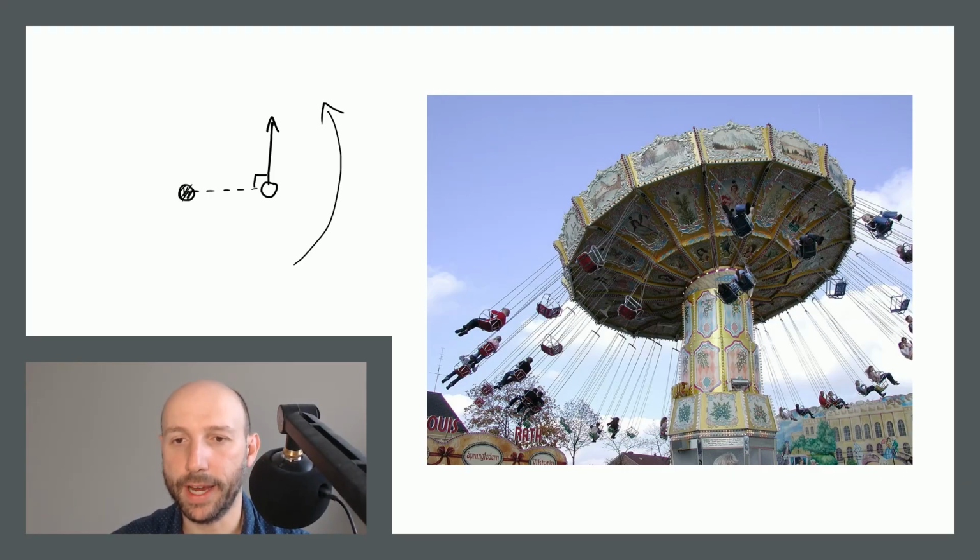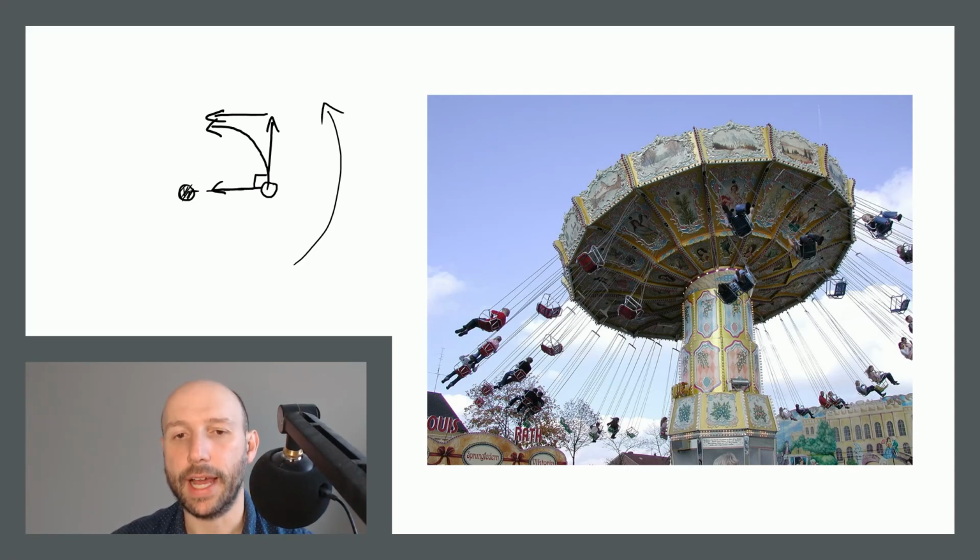It's like if you're on a carousel, you're always moving forward, whereas the axis of rotation is to your side. But the rotation itself curves your trajectory towards that axis of rotation, and so you end up rotating.